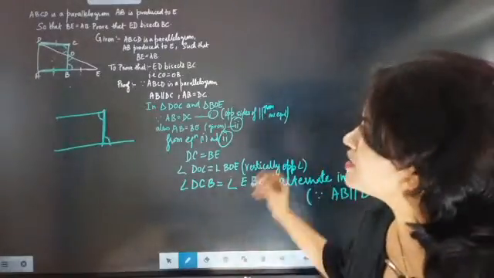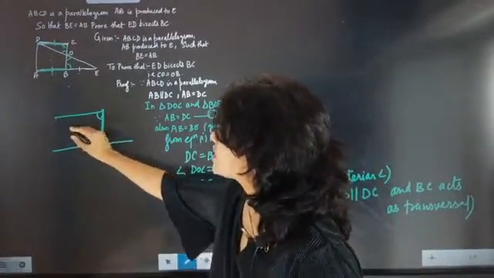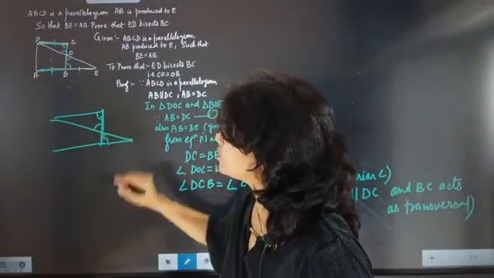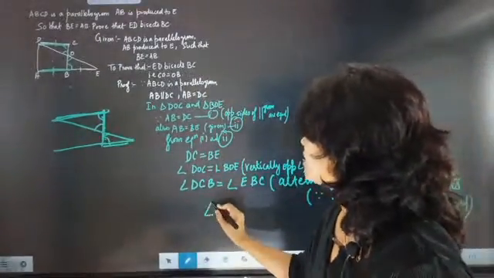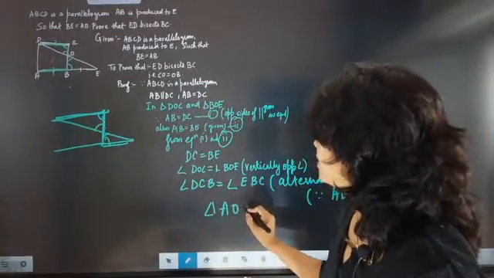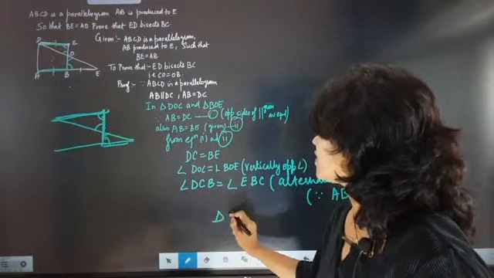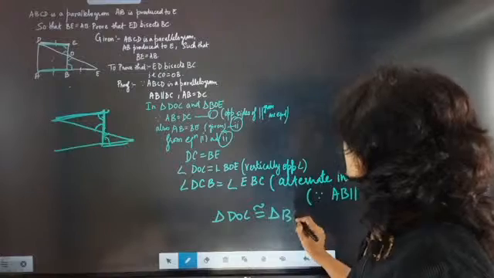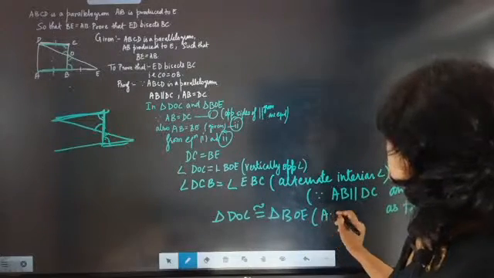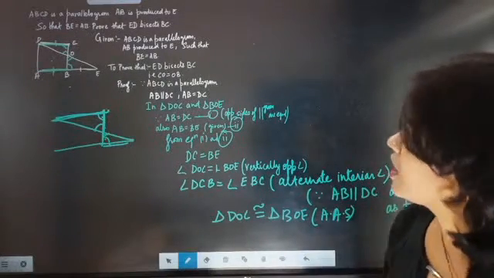So angle side: we have this angle equal to this angle, this angle equal to this angle, and this side equal to this side. So by angle side, triangle DOC is congruent to triangle BOE, and by CPCT.